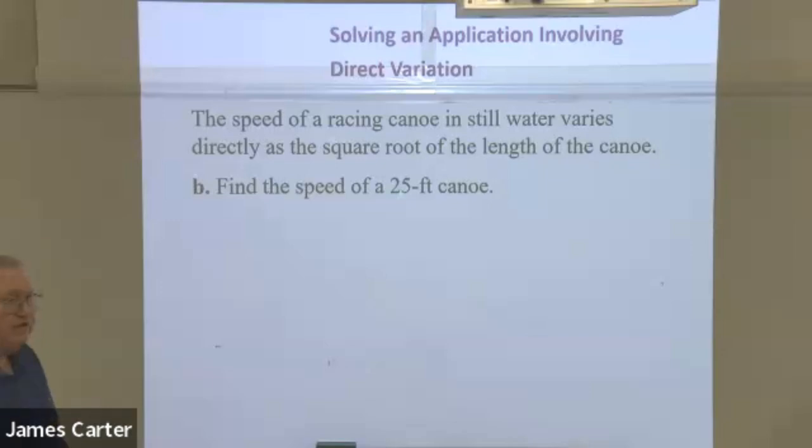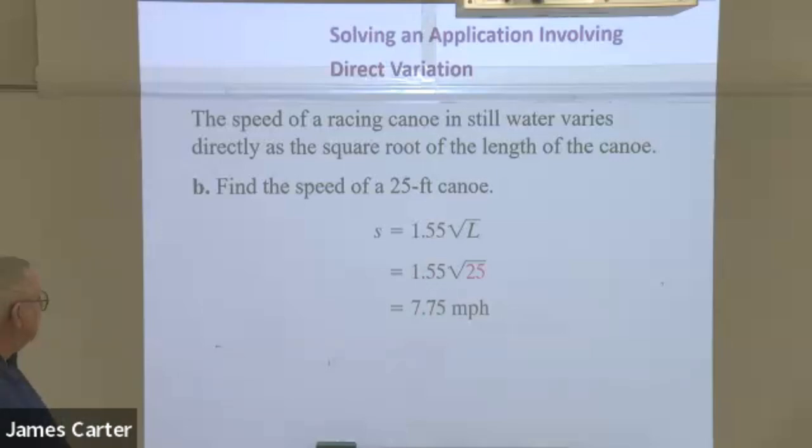What if you had a 25-foot canoe now? We had a 16 before, right? And it could go 6.2 miles an hour. So let's see what a 25 would do. Here's our constant of variation. We're going to put a 25 in there, square root of. That's 5 times this, which is that.